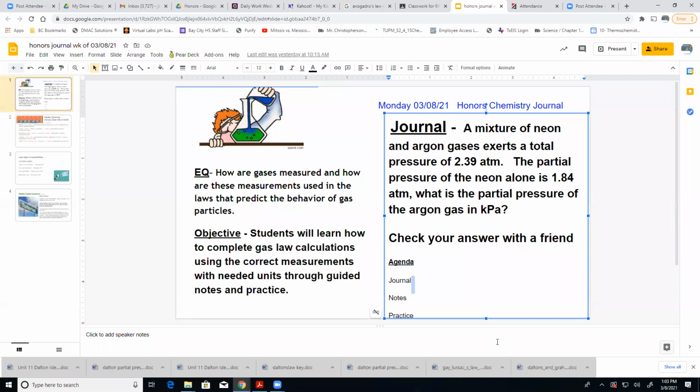So on this journal, you have the total pressure, and it tells you that it's made up of neon and argon, and then you have the pressure of just the neon.